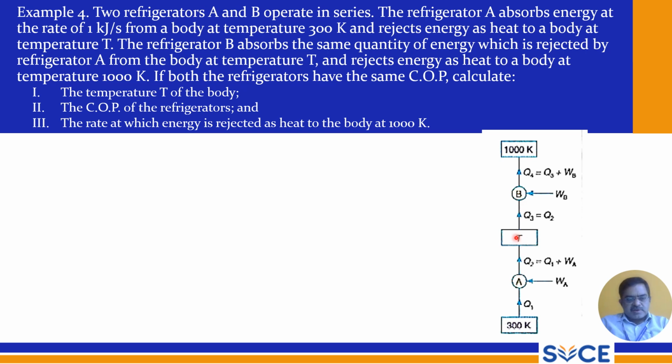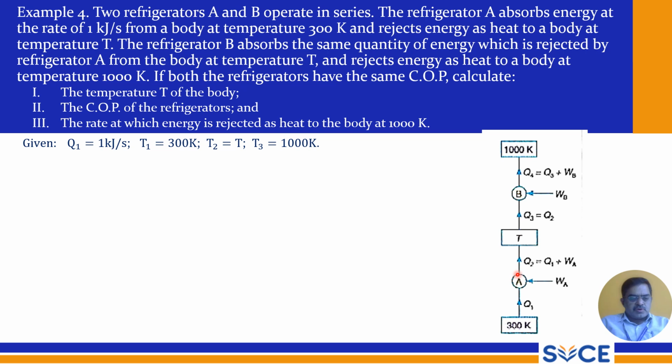We have Q3 equal to Q2. So this is refrigerator B that is driven by work WB, and Q4 equal to Q3 plus WB. So that is 1000 degree Kelvin we are getting at the outlet of refrigerator B. Two are connected in series, A and B, and this is a simple schematic with which the given data can be presented.